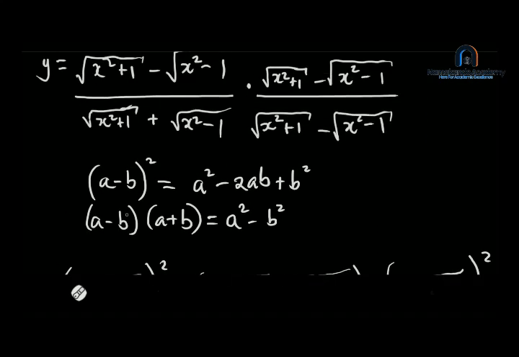Coming to the denominator here, as you can notice, it is in this form, just that we started with the negative when it's a plus, then negative there. So it's the same result. We simply say the first part a squared, minus b squared.